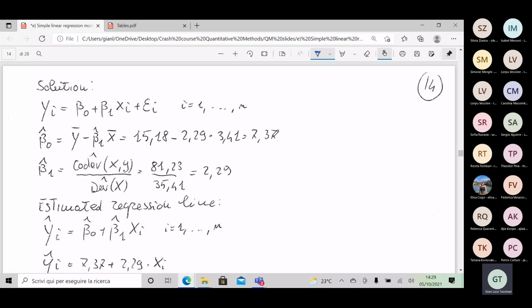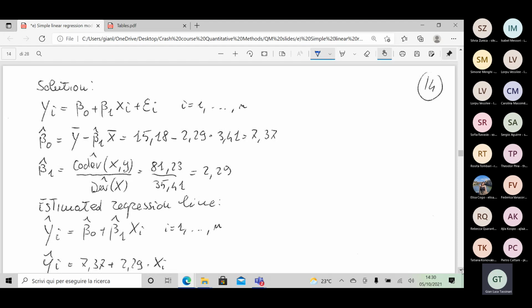So I think these are thousands of euros. So the expected volume of sales for a store with no advertising is approximately equal to 7,370 euro or dollars, depending on the unit of measure.